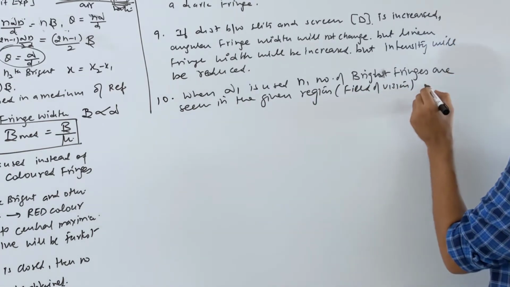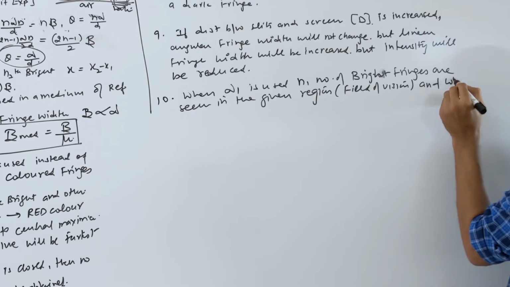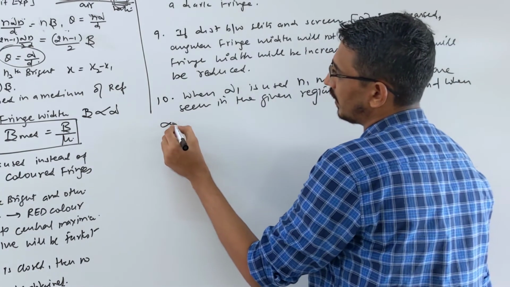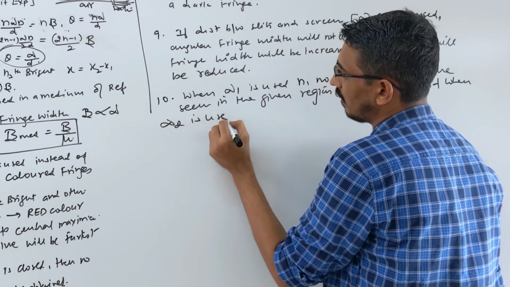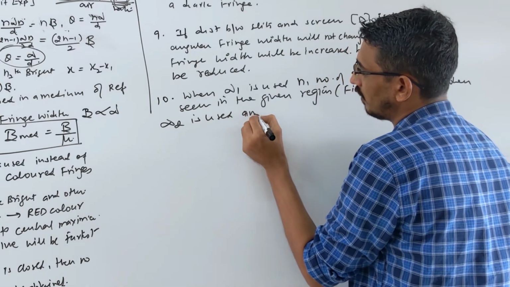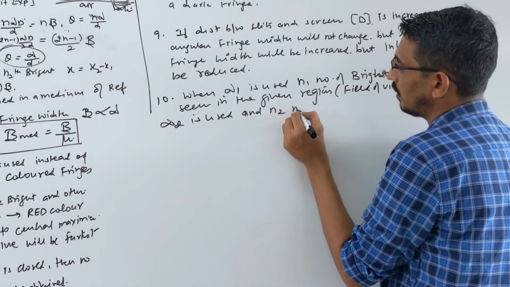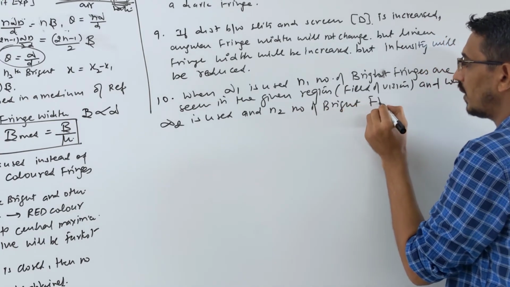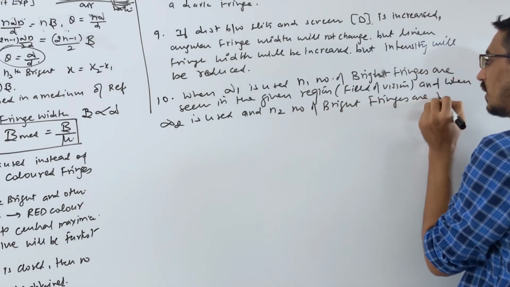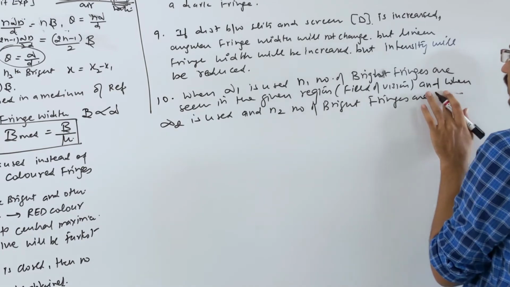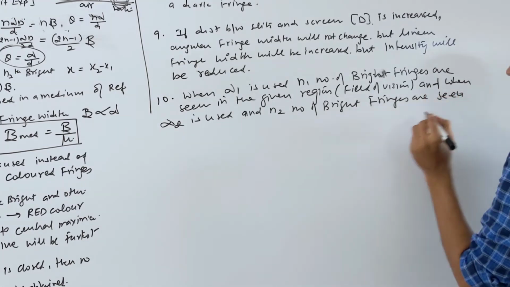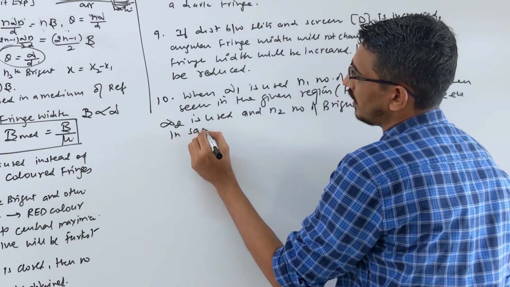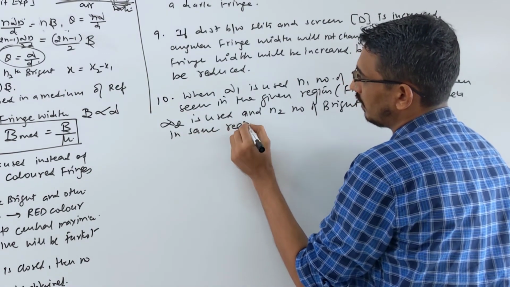And when lambda 2 is used, n2 number of bright fringes are seen in the same region. Then what happens?